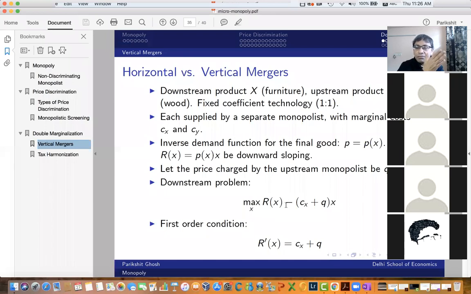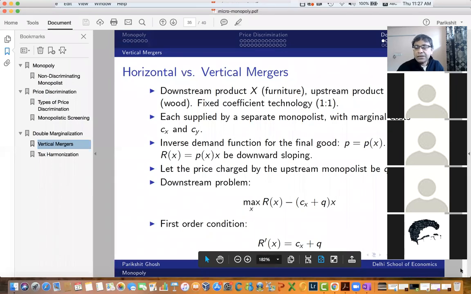The downstream firm, which is selling directly to the product market. From their problem, you get their demand for wood. If I gave you the functional form, for example, a linear demand function, so p equal to 1 minus x, let's say, based on that you can calculate the exact demand function for wood as a function of Q coming from the last monopolist.